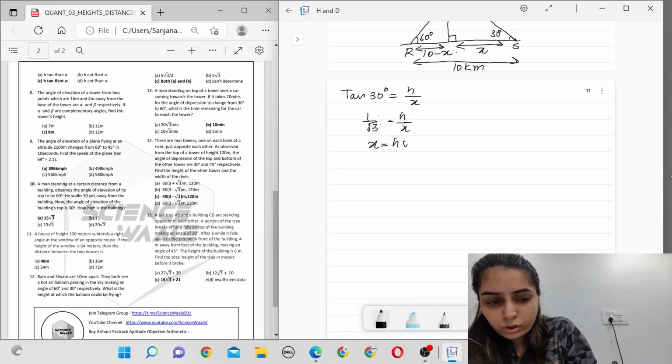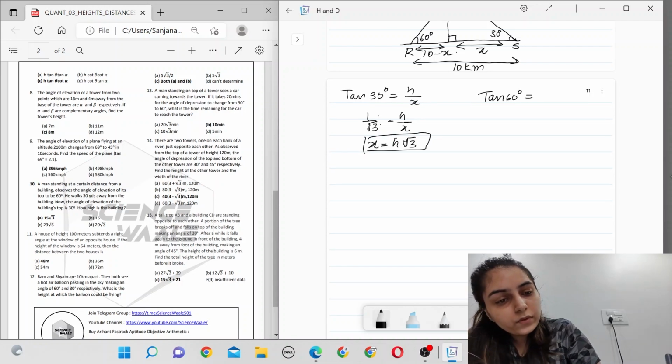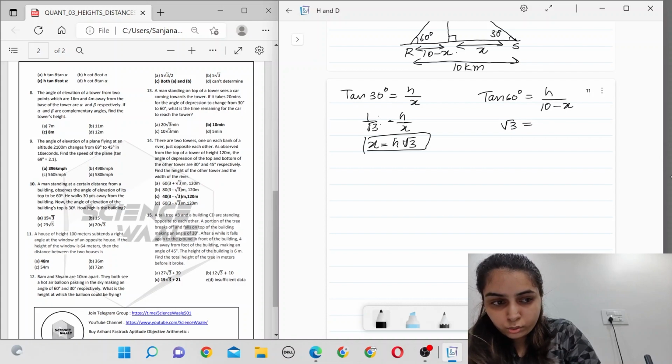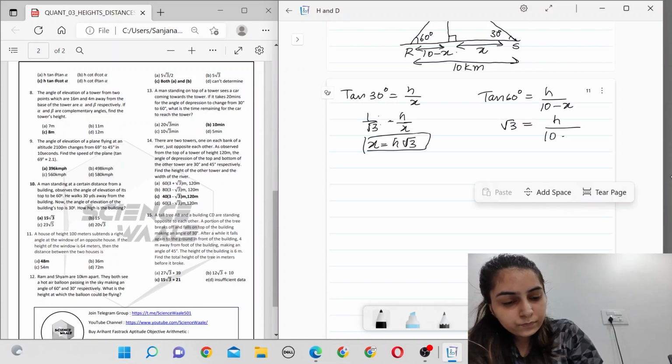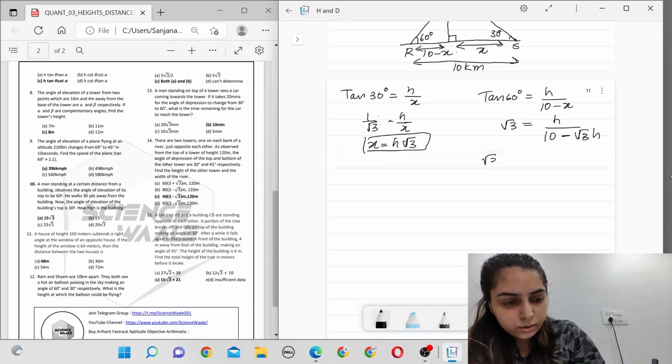X is equal to h root 3, and tan 60 is equal to h by 10 minus x. Tan 60 is root 3, so root 3 is equal to h by 10 minus x. Cross multiply, it gives root 3 into 10 minus root 3 x is equal to h.